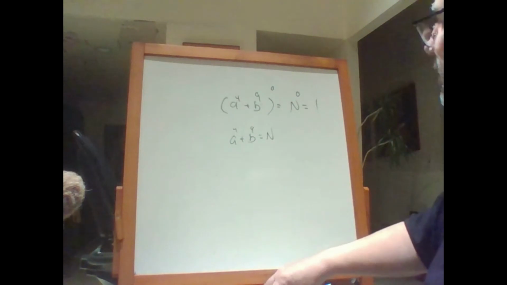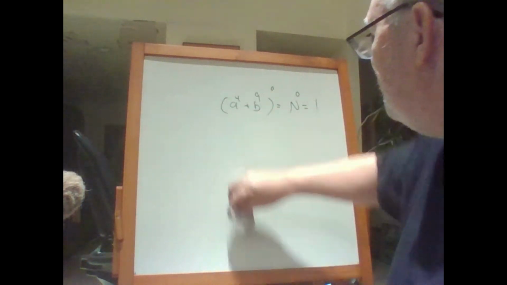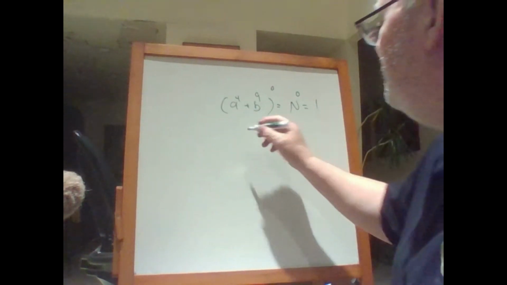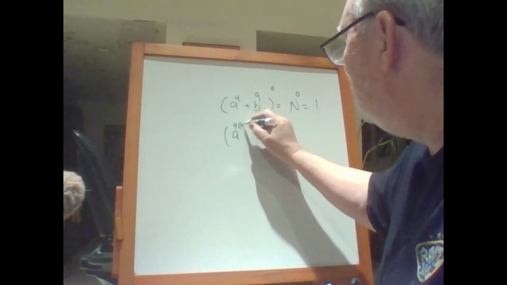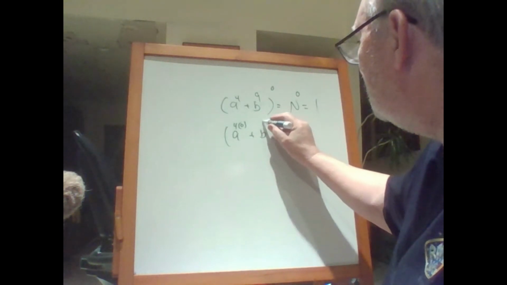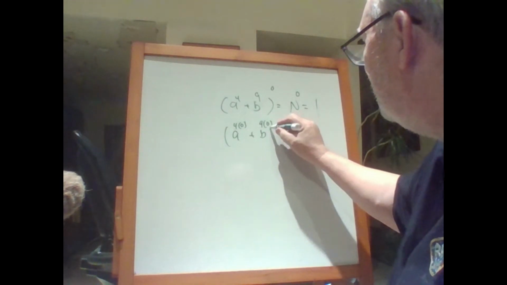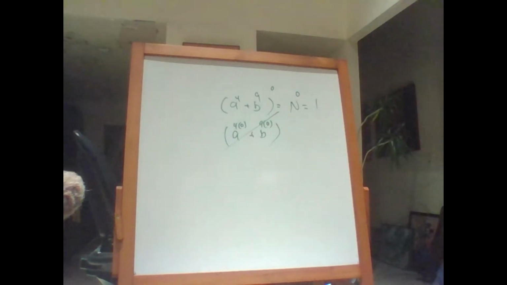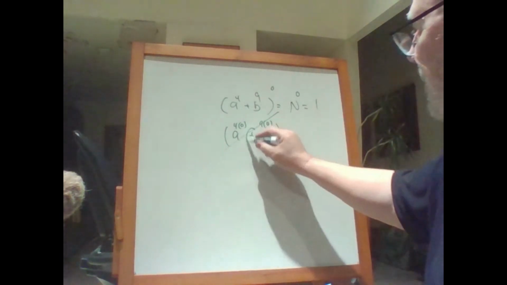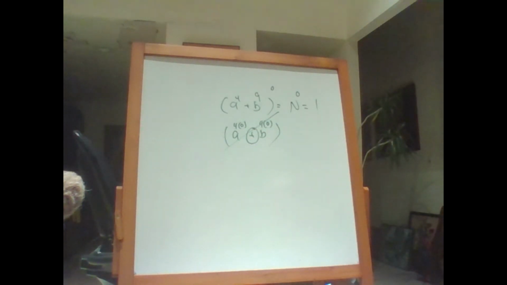We have to be careful with this. We may be tempted to say a to the fourth times 0 plus b to the ninth times 0. Why isn't that correct? Well, because we have that addition.